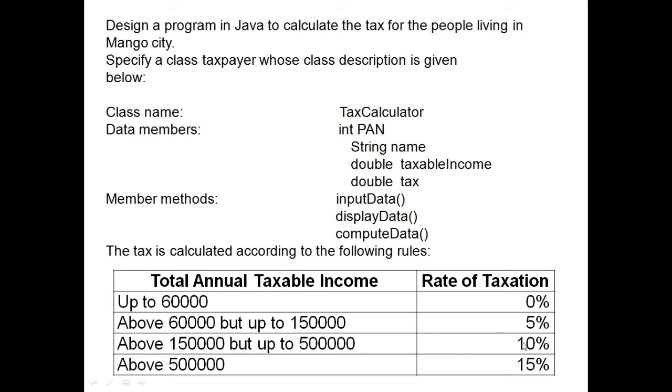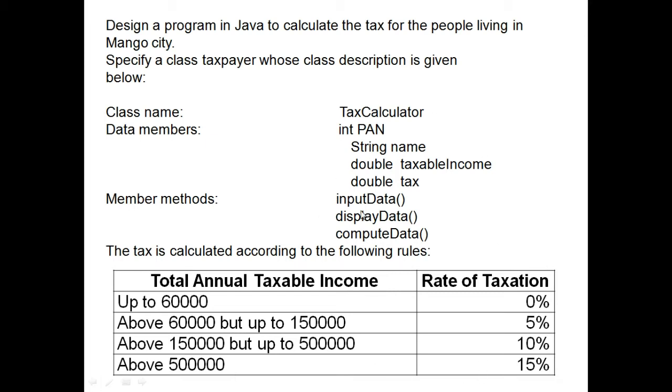For the calculation there is a table: taxable income up to 60,000, the tax rate is 0; above 60,000 up to 1,50,000 it's 5%; above 1,50,000 to 5 lakh it's 10%; and above 5 lakh it is 15%.